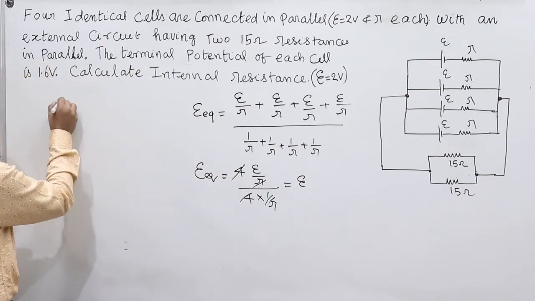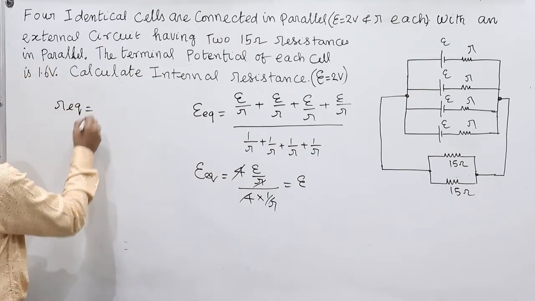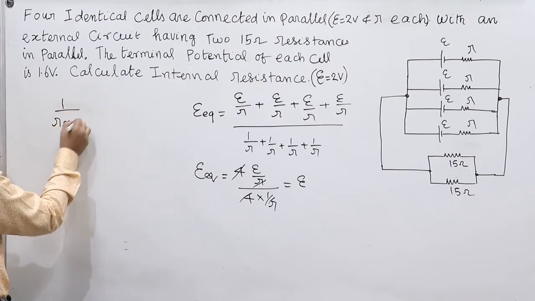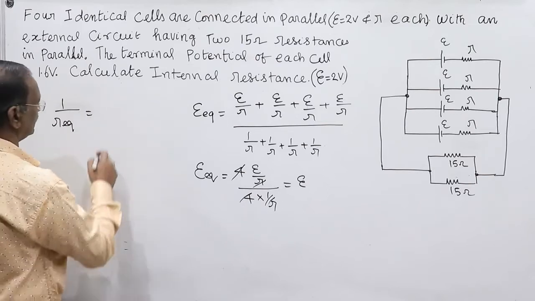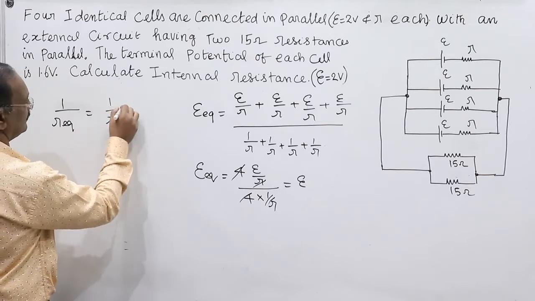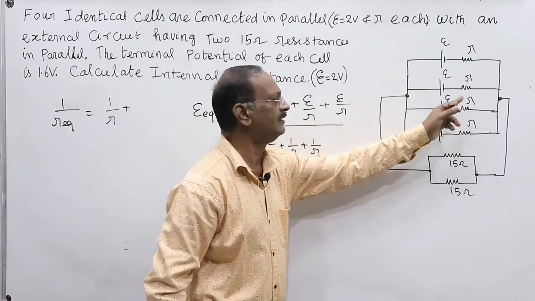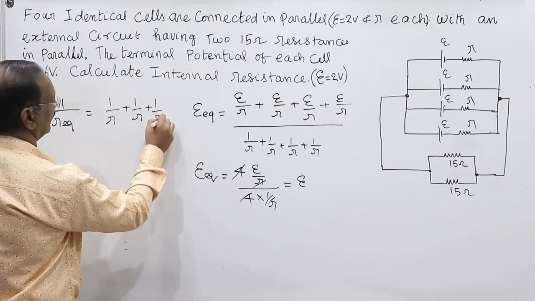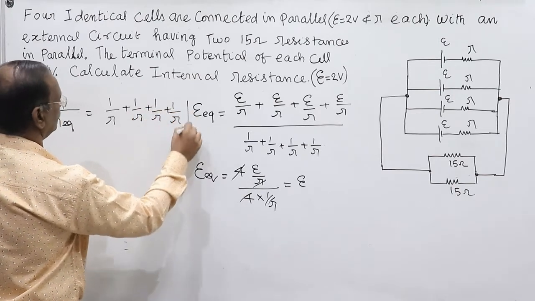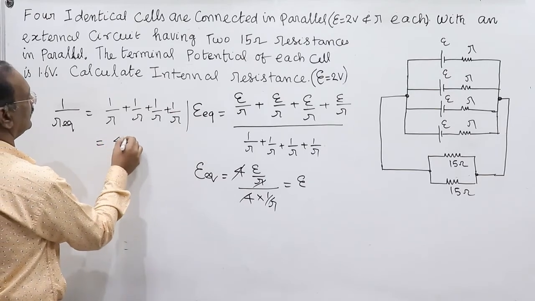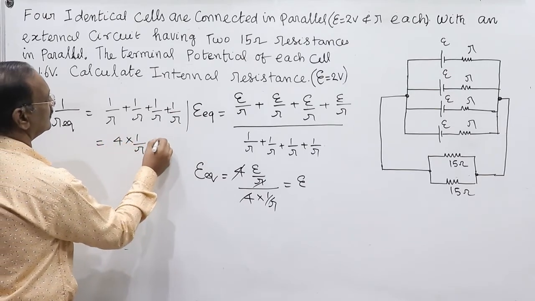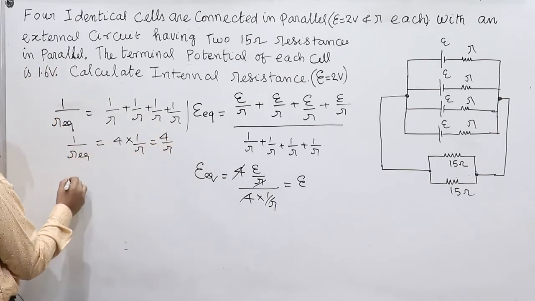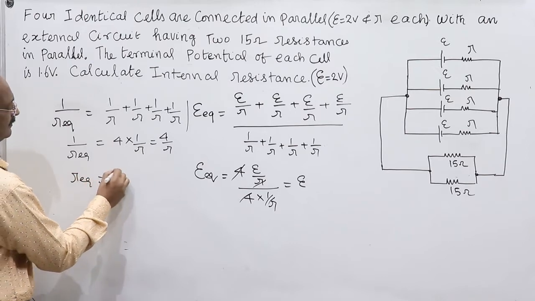And what about R equivalent? 1 by R equivalent is equal to 1 by R1 plus 1 by R2 plus 1 by R3 plus 1 by R4, that is 4 into 1 by R, which is 4 by R. So R equivalent is equal to R by 4.